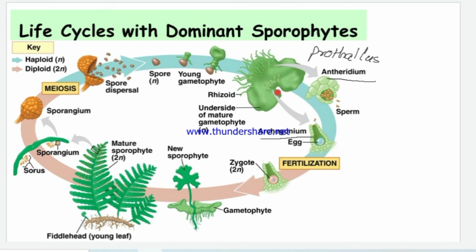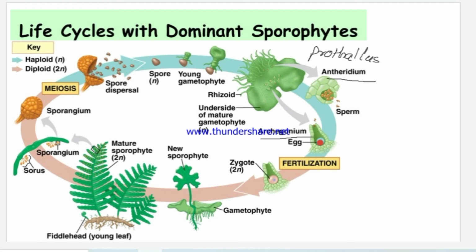Now, this gametophyte has antheridium and archegonium. The antheridium produces sperm and the archegonium produces egg. Now, they have multicellular rhizoids to get attached to the substratum.